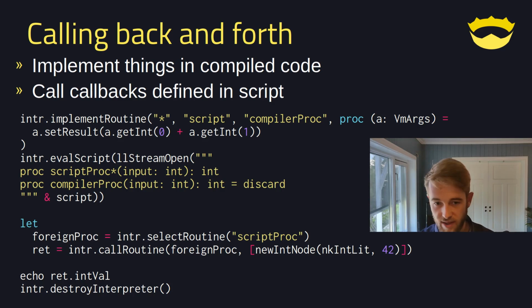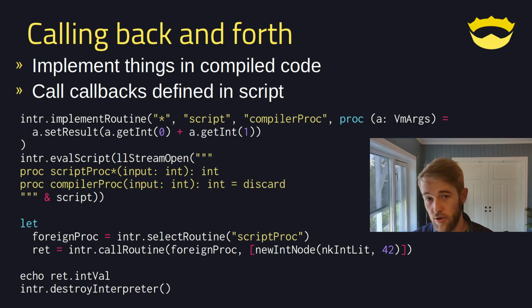If it's not implemented, that would of course throw a NimScript error, expected implementation or something like that. And then we call the routine, and here we can see again we must create an int node to pass in, and it's sort of weird. And then we get the return value, and we need to do the .intVal thing to get it back out again.